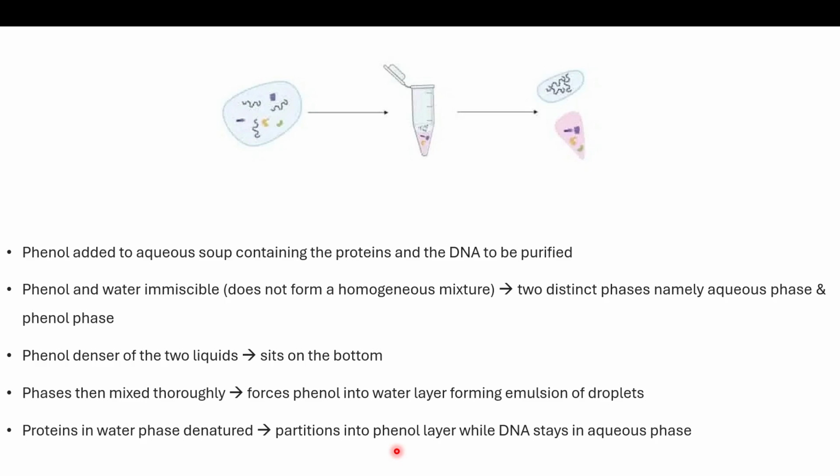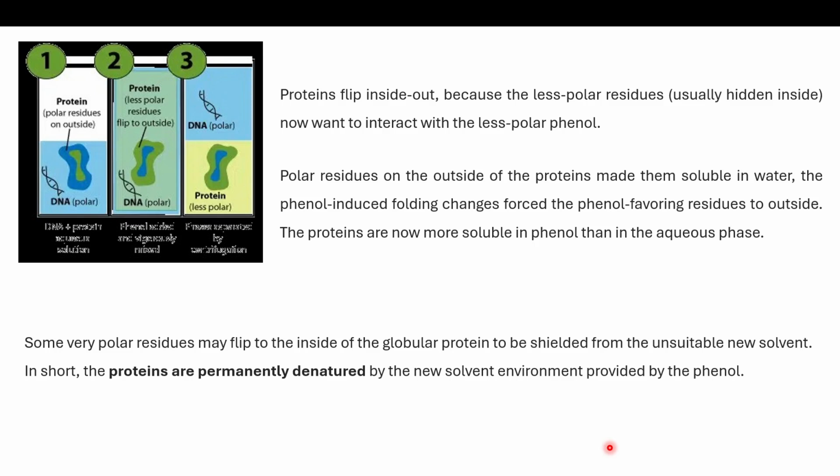So the hydrophobic part tries to interact with the organic layer or the phenol layer, and hence the whole integrity and structure of the proteins is disrupted. Due to this emulsion of phenol droplets in the aqueous layer, the proteins get denatured, whereas DNA very happily stays in the polar region, the aqueous phase.